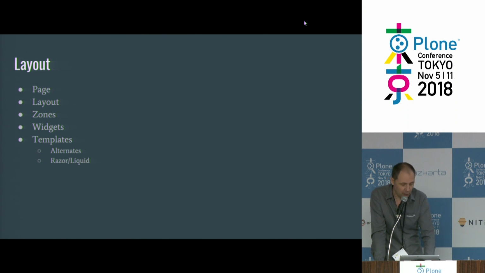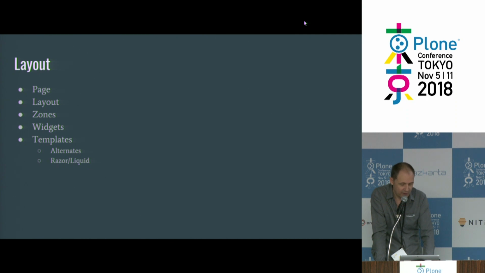Then just to have a quick overview of how Orchard does layout. Normal content item like a page, you can build on normal content items like page that lets you do layout in the content area of a page already. Then you can define layouts that are used in specific contexts.